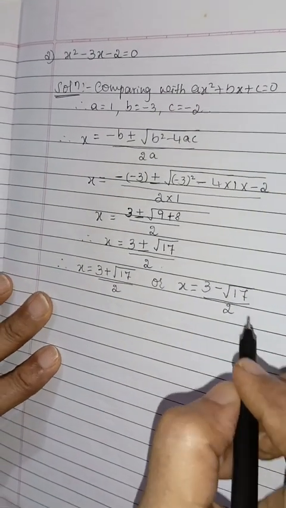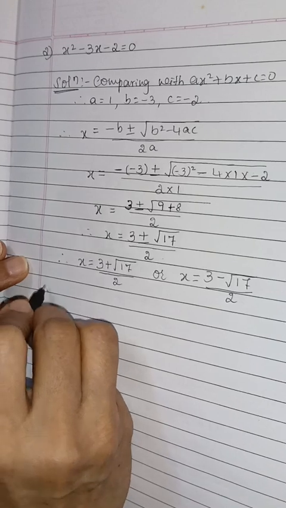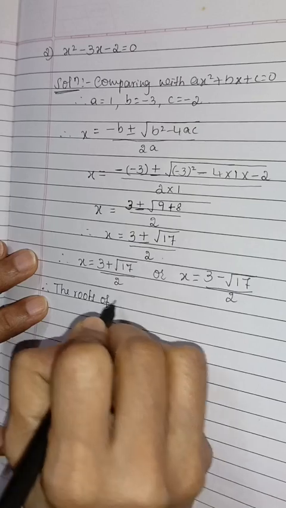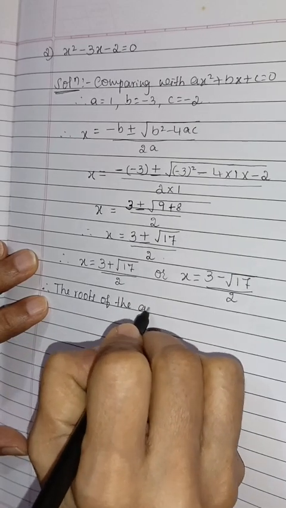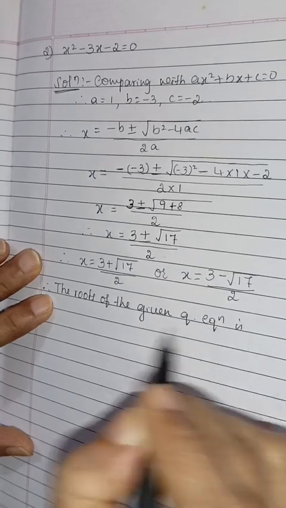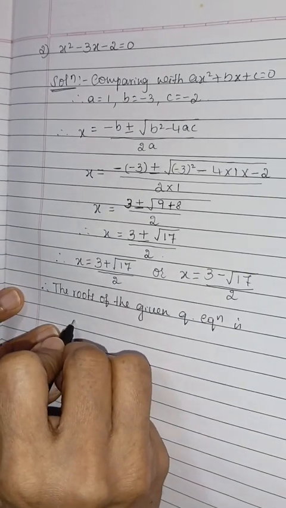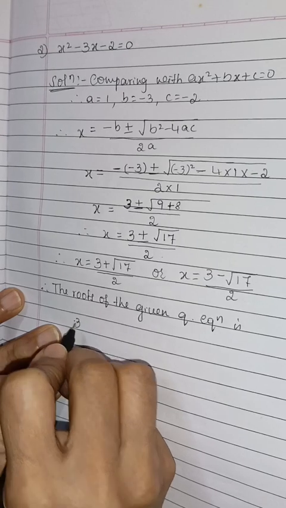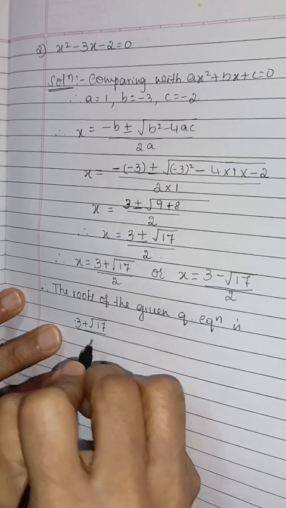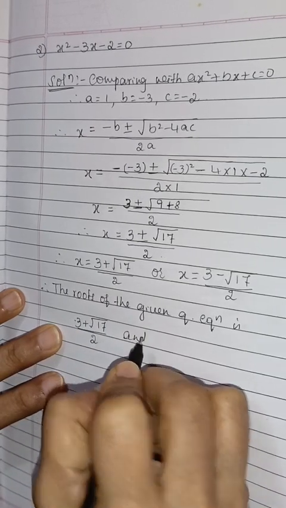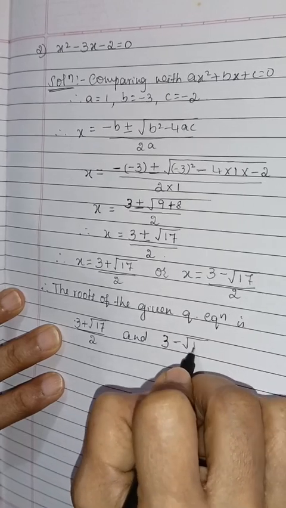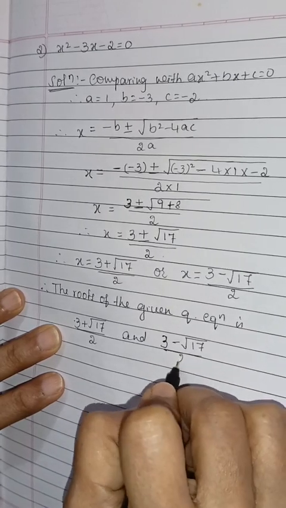Okay, therefore the roots of the given quadratic equation is one is 3 plus root 17 by 2 and 3 minus root 17 by 2.